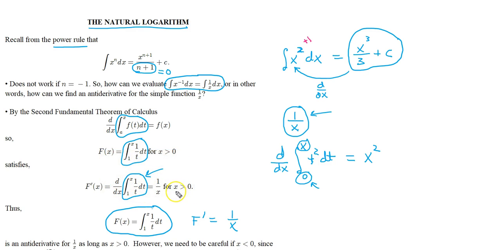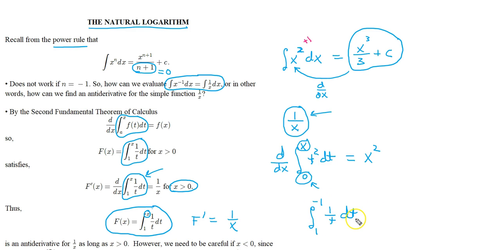So this is an antiderivative for 1 over x, this function. Now, there is one caveat here. When we define this, the x must be positive. And that's because 1 over t is undefined when t is equal to 0. So you see this x right here can't be negative. We can't evaluate the integral from 1 to -1 of 1 over t dt.